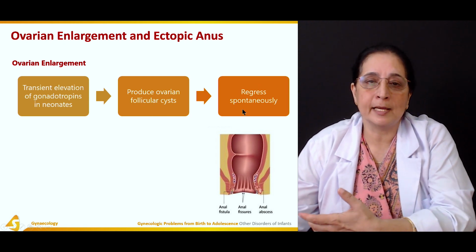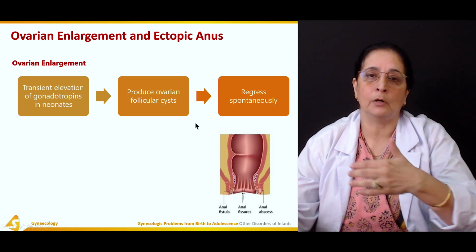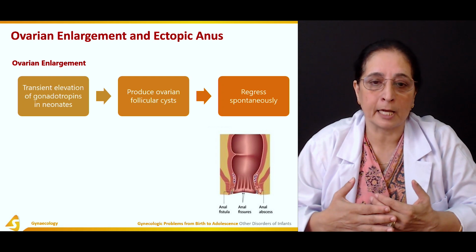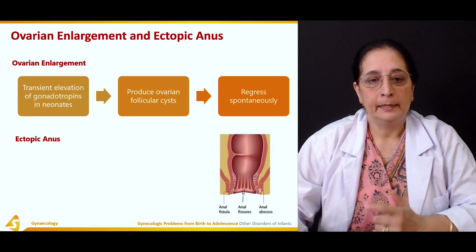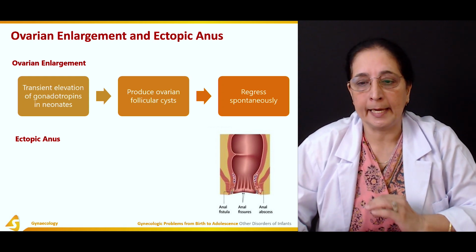This can regress spontaneously on its own once the production of gonadotropic hormones comes back to normal. Then we have another condition known as ectopic anus.